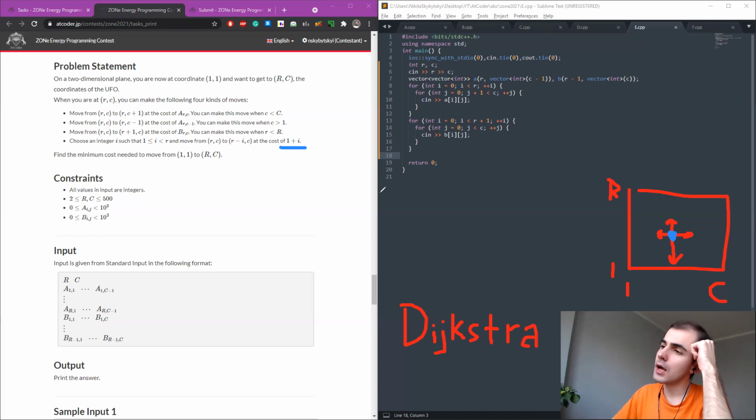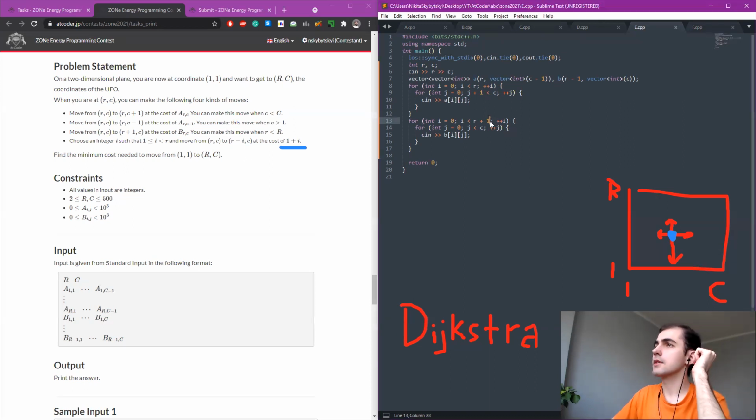When we move down, we pay that price. So you want to pay 1 and then 1 per length.